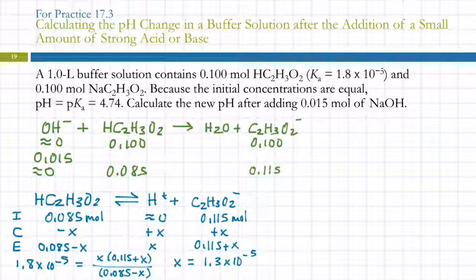That ends up being 0.02%. Plenty small. Our H plus concentration is equal to our x. So then we can calculate the pH of this new solution. Negative log of 1.3 times 10 to the minus 5, 4.87. I'm sorry, 4.89.